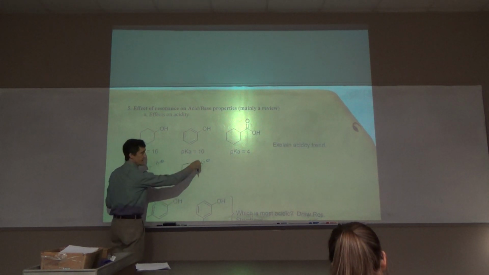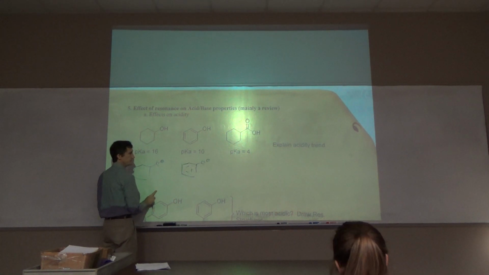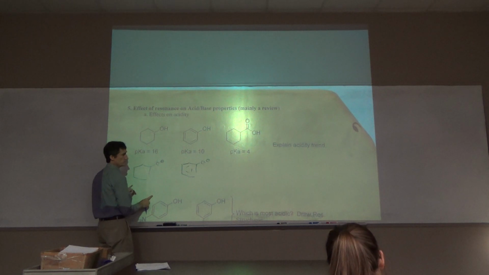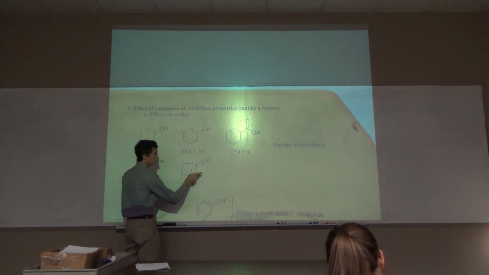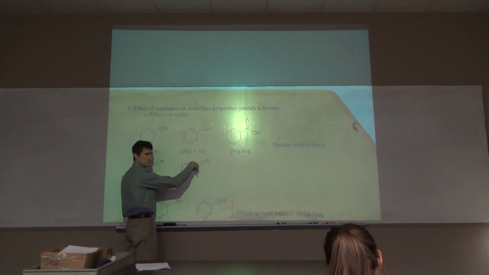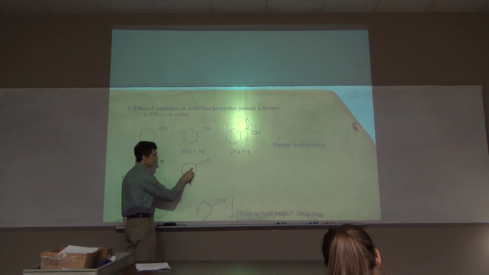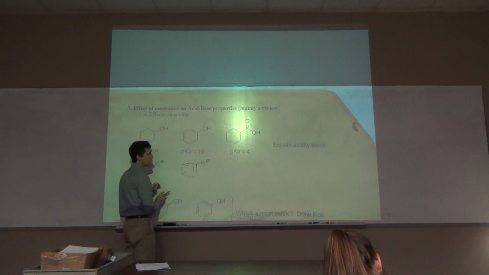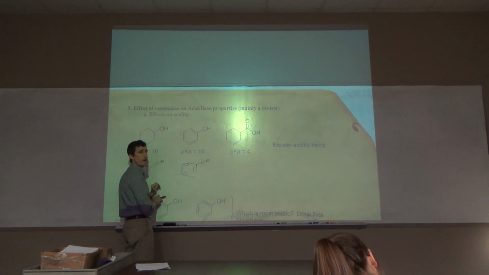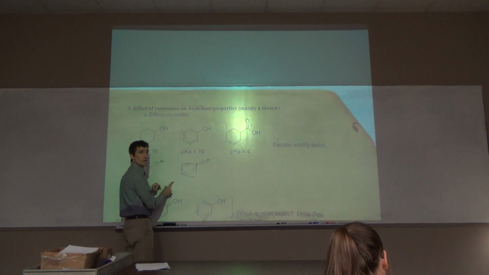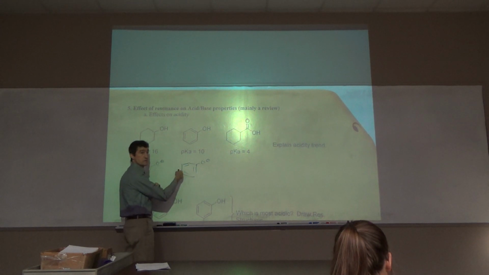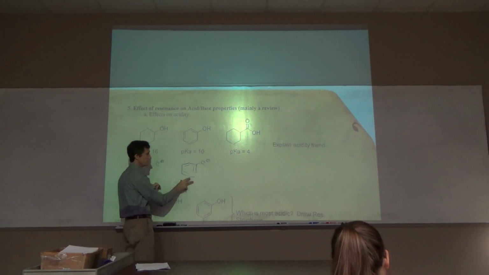Resonance stabilized anion. Actually, how many resonance structures can you draw of this structure? How many did we draw of this last week? 3 additional resonance structures you can draw here.